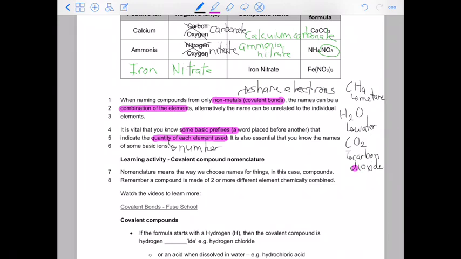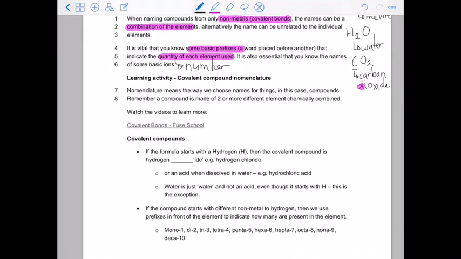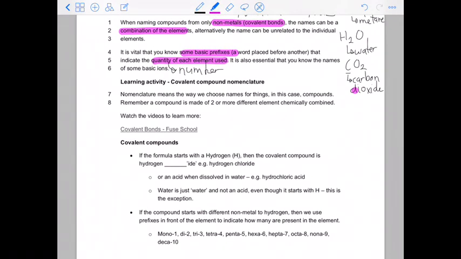If you look at the bottom of the page here, we have our list of prefixes. If there's 1, we use mono, 2 is di, 3 is tri, 4 tetra, penta, hexa, hepta, octa, nona, and deca.